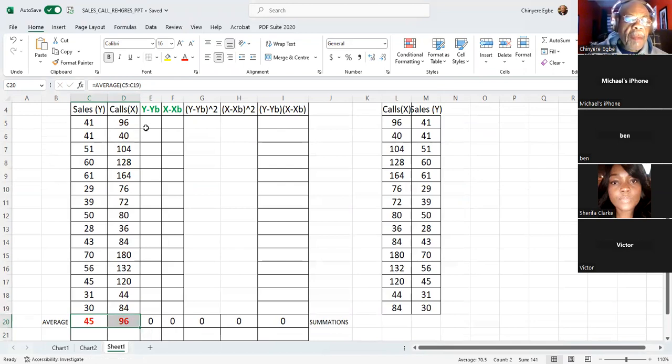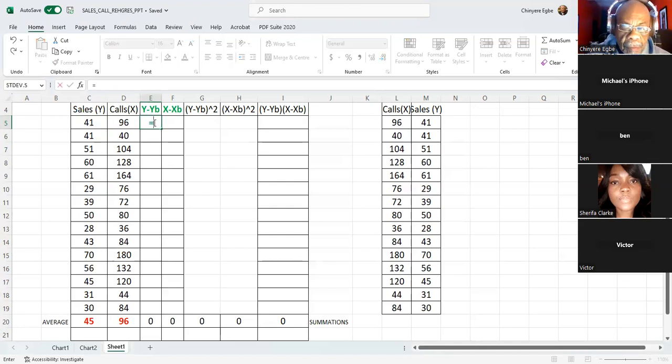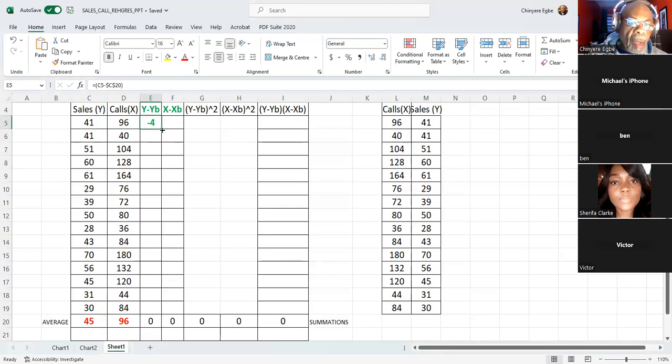And so here, now you begin to calculate Y minus Y bar, which is you take every value of Y and subtract Y bar from it. And that is easy to do. It's equal to C5 minus $C$20, which is you fix the 45, and so you get -4, and you drag it down.